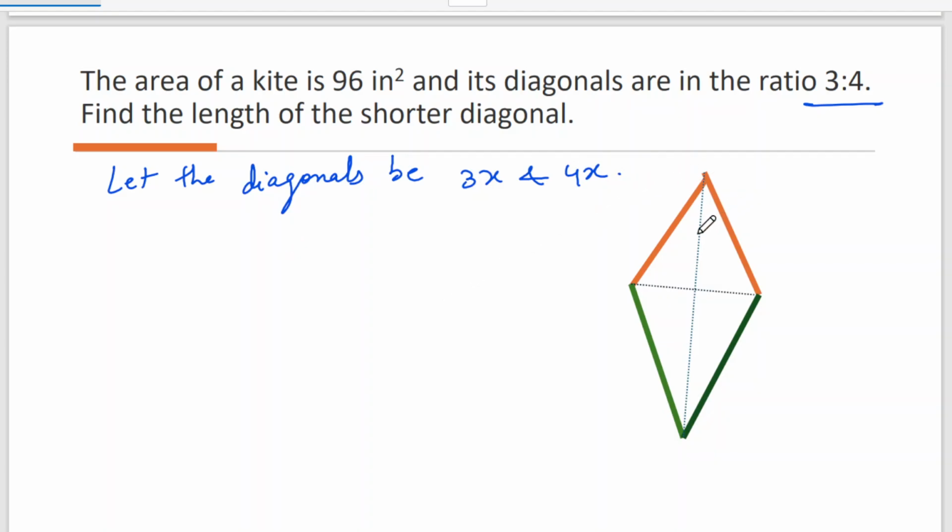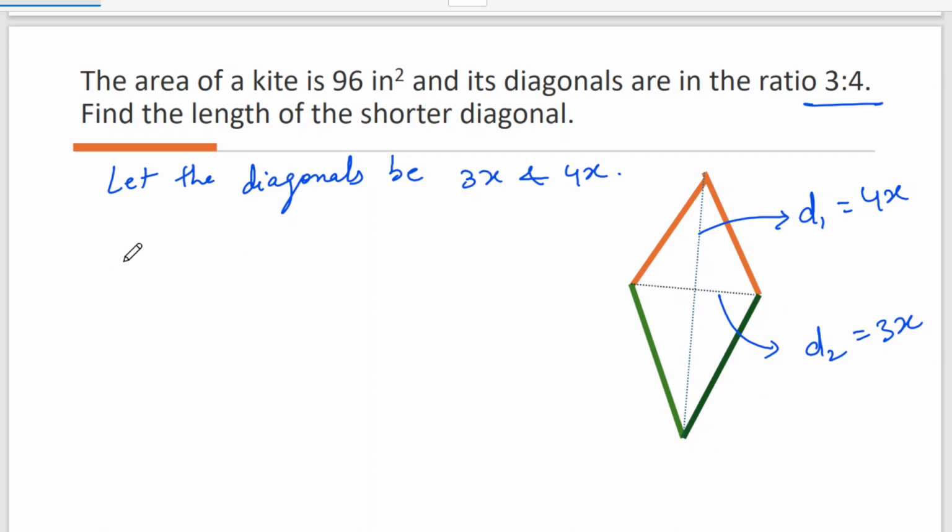So our D1 is 4x because it is longer, and D2 is 3x. Now they have asked you to find the length of the shorter diagonal.